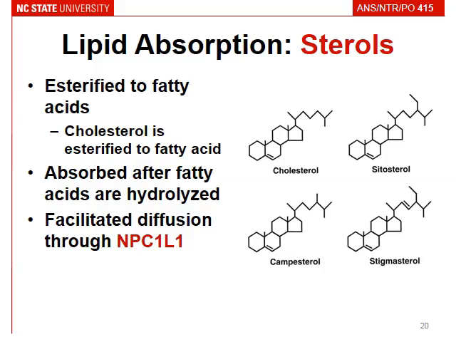And the reason why we have to have the fatty acid hydrolyzed first is because the cholesterol cannot fit through the NPC1L1 with the fatty acid conjugated to it.